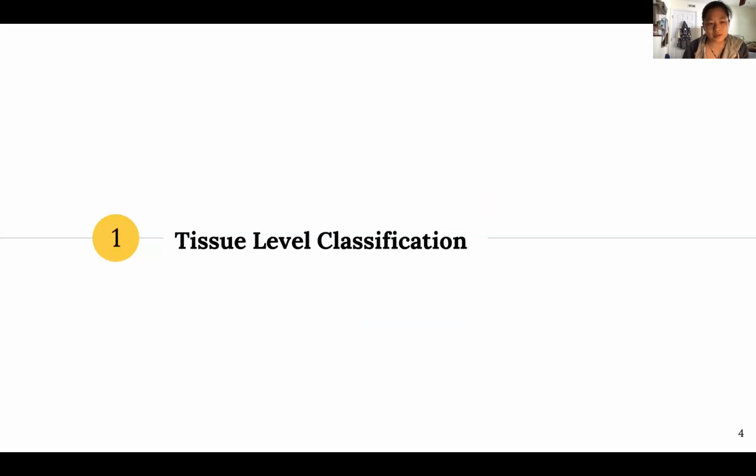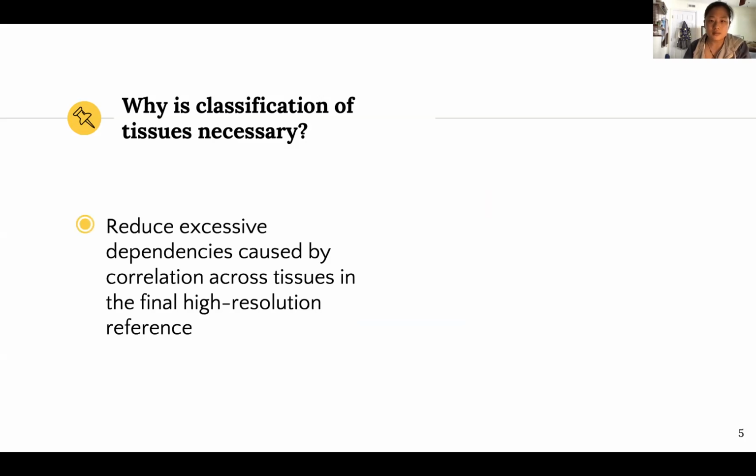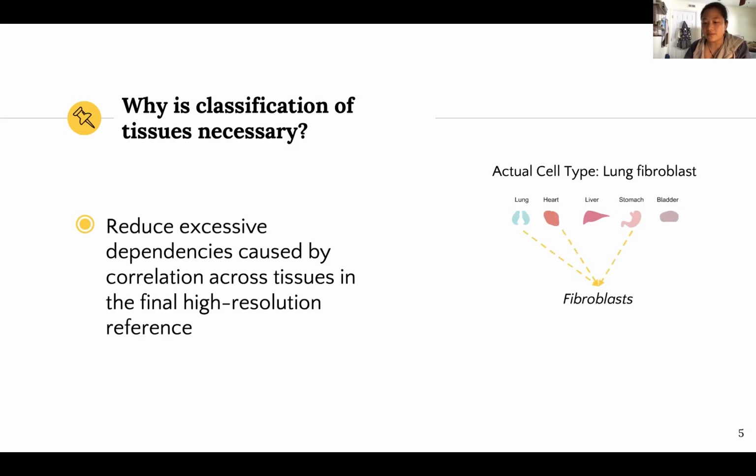So in the first step, we are going to do a tissue level classification, where we are trying to identify the tissues that are associated with our single cell RNA-seq sample. Why is this classification of tissue necessary? The reason is to reduce excessive dependencies caused by the correlation across tissues in the final high resolution reference. Take an example: if we have a lung fibroblast in our single cell sample, however, different tissues have different types of fibroblasts.